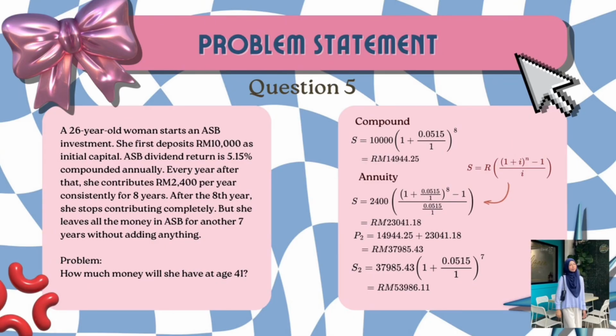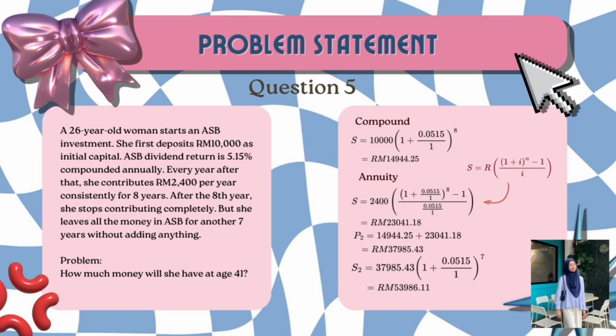First, we use the formula S equal to P, open bracket 1 plus I, closing bracket, to the power of N. Alright, then we substitute the values in the formula, which is P 10,000, I 0.0515 over 1, and N, which is 8. So we get 14,944 ringgit 25 cents.